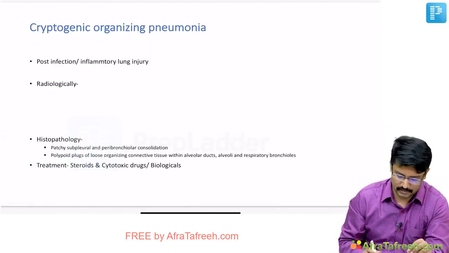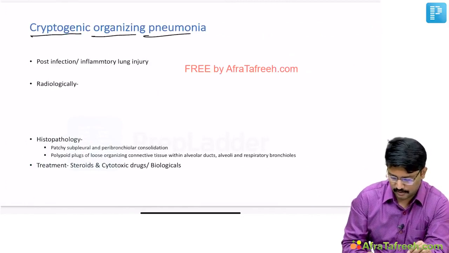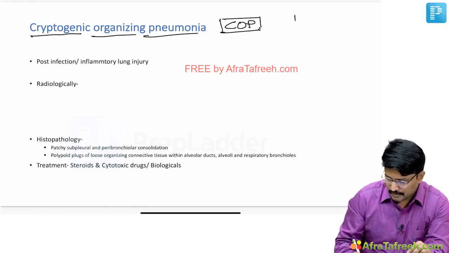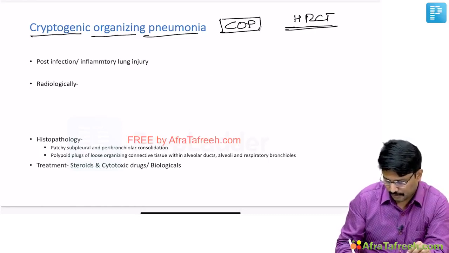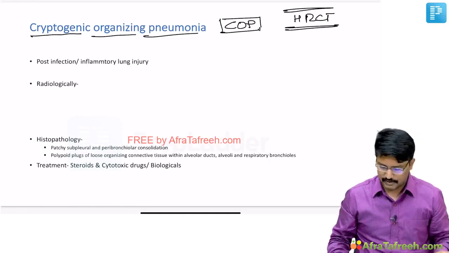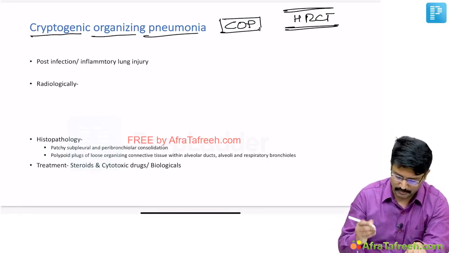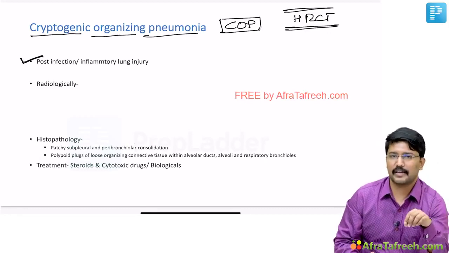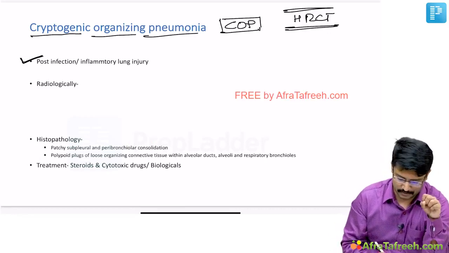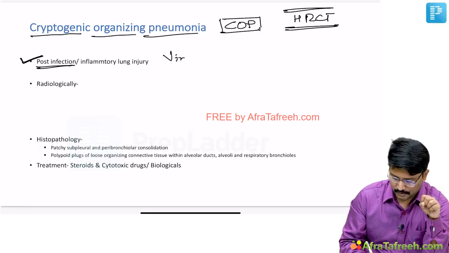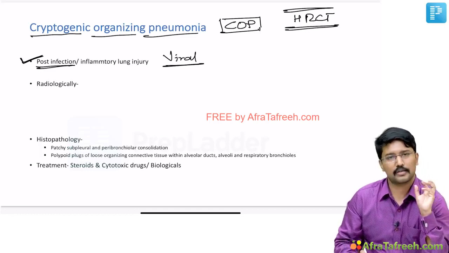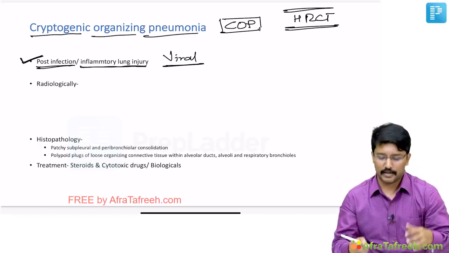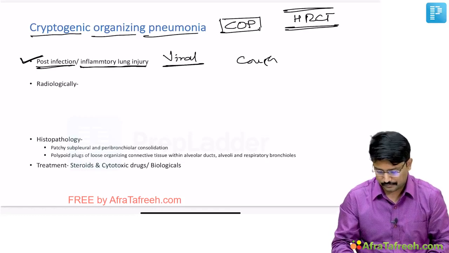The next entity that I am discussing is cryptogenic organizing pneumonia, COP. Very frequently we see this HRCT on our exams, asking for diagnosis. So I will show one or two HRCT images of that. The typical hallmark of this entity is that most of the patients have a pre-existing history of respiratory infection, most likely viral and sometimes bacterial or fungal, or some other inflammatory lung injury, followed by development of cough and dyspnea.